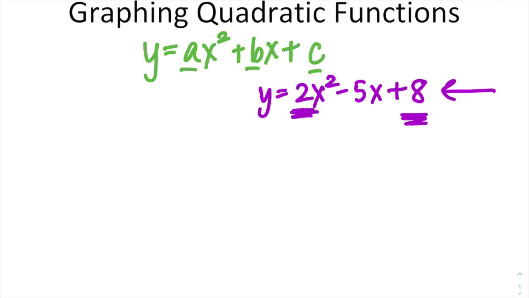The new feature that we have here is the middle, the b term, the -5. There's not a simple way of saying it just moves left or right, but it does kind of shift it to the sides. So this lesson is about how to graph this entire quadratic.